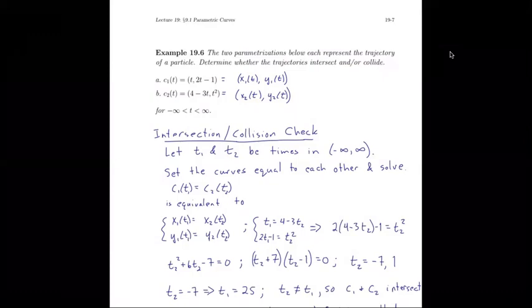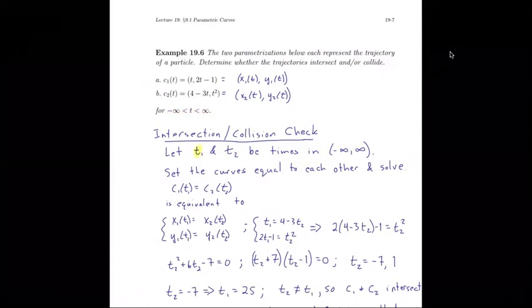So in order to find intersection and collision, here's our check. We let T1 and T2 be values taking on anything between negative infinity and infinity, or whatever they tell us the domain of these functions should be. In this case, they're saying any real T values, so we'll leave that open when we try to solve for these.